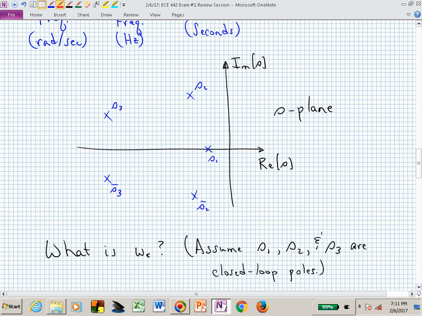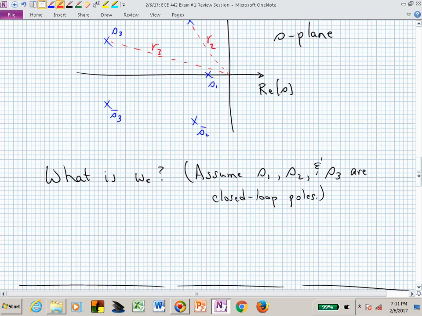But we would then need to determine which of these, let's say this is now a hypotenuse R sub 2, and this is a hypotenuse R sub 3. And I'm going to assume, it's not too much of an assumption, that the magnitude of S1 is less than the magnitude of S sub 2, which is less than the magnitude of S sub 3.